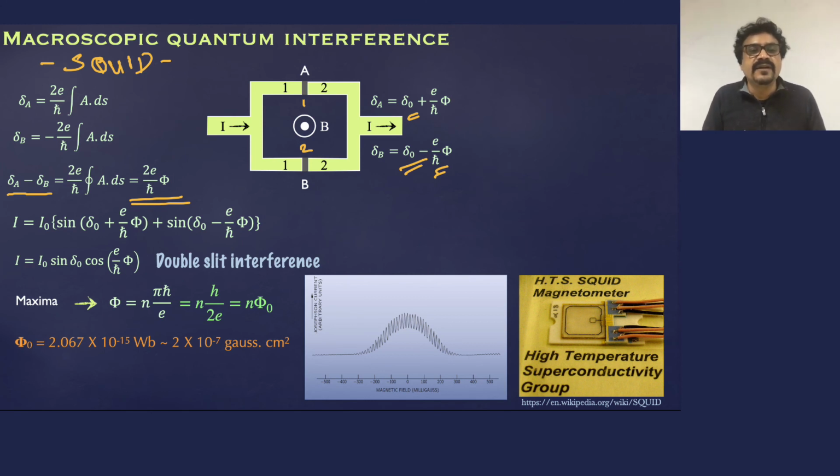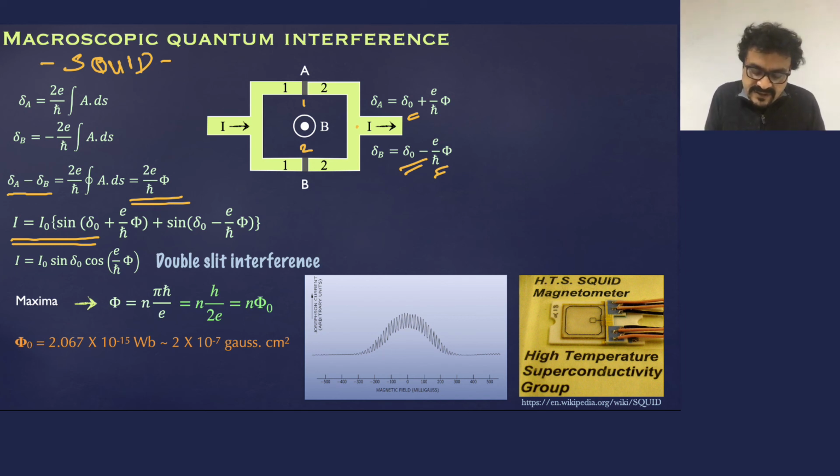The current is a function of this phase difference, because you have two paths that can interfere at this point, and the overall current will be the sum of these two.